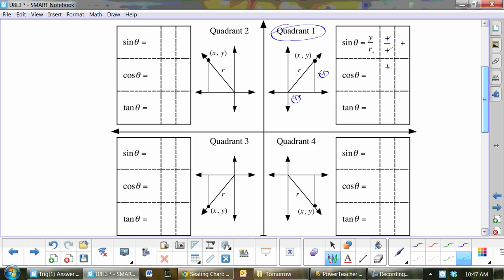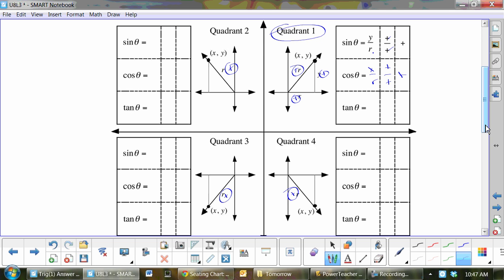So that's a positive over a positive. So that's positive. And tan is, now, what is r? What sign is r? Always, always, always positive, okay? So remember that the radius is always positive in all of these quadrants, okay?